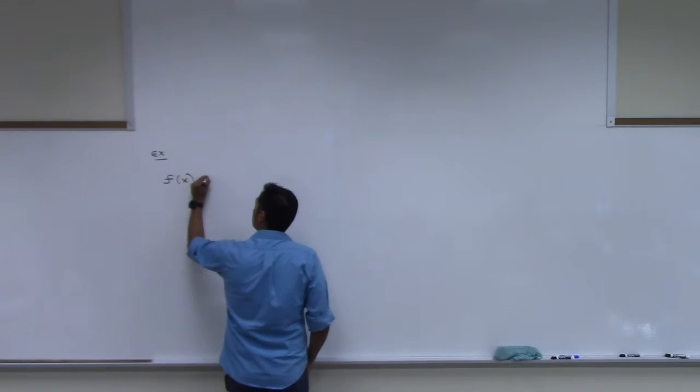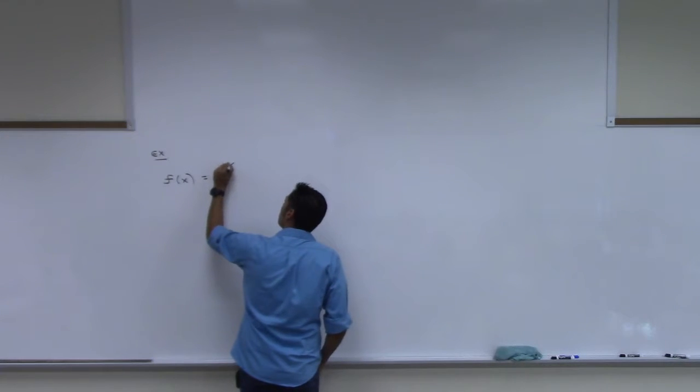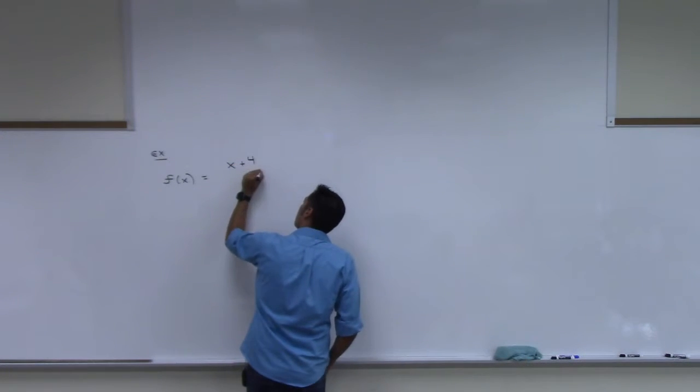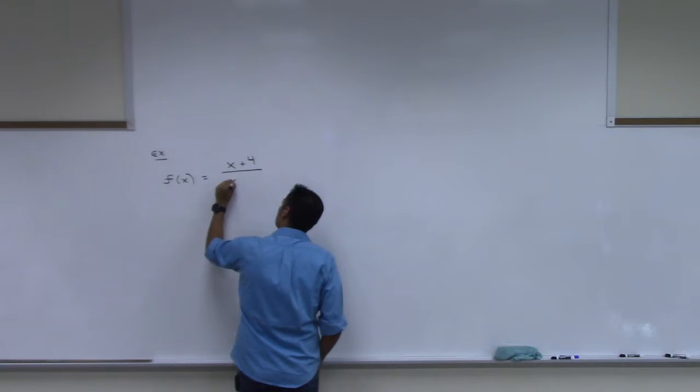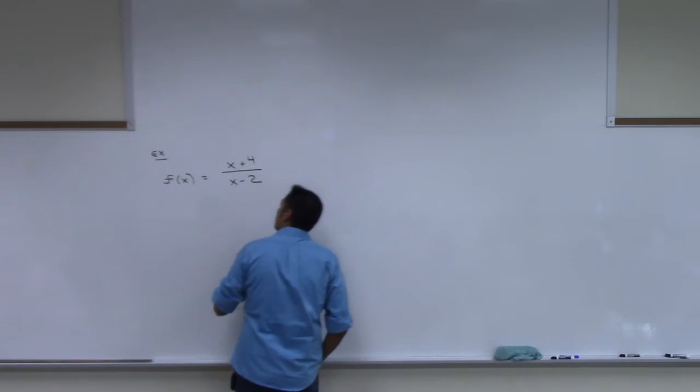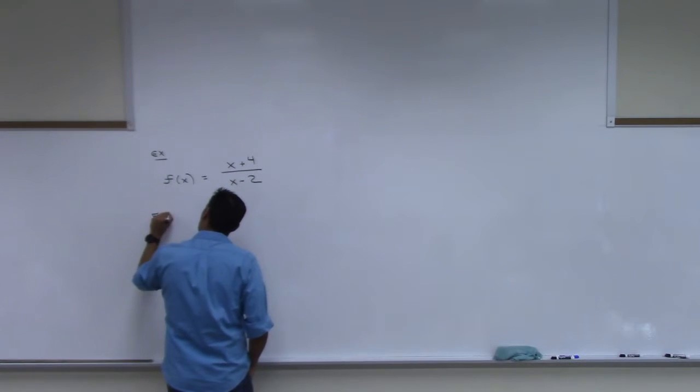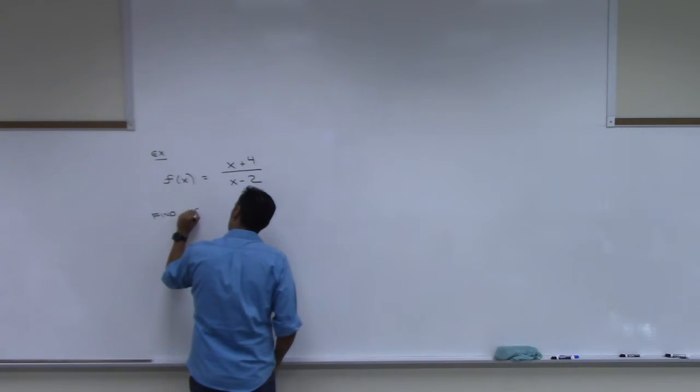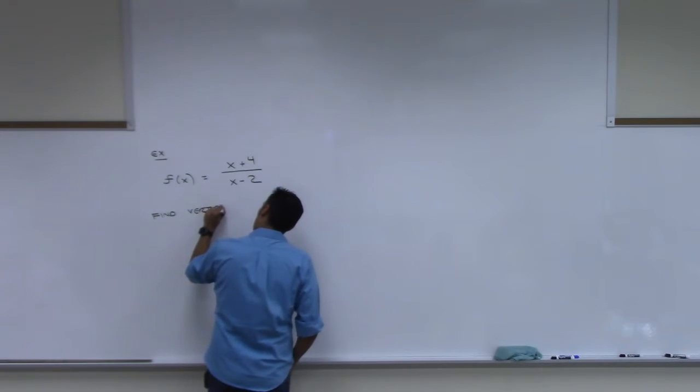I would like to look at this one. Find the vertical asymptote.